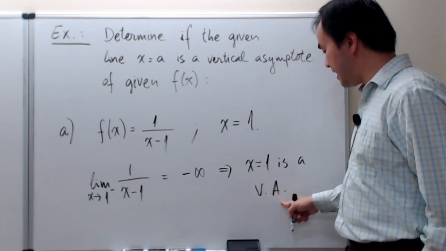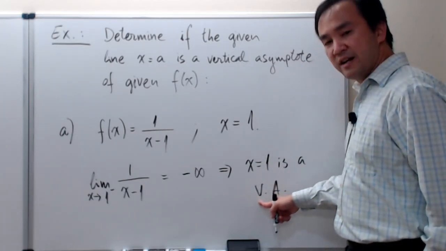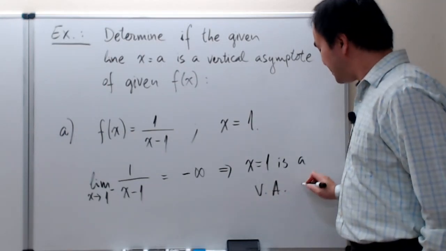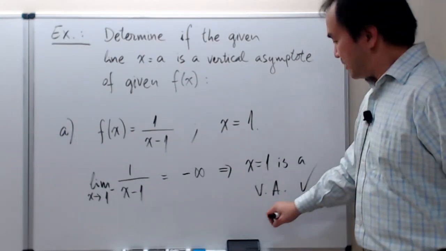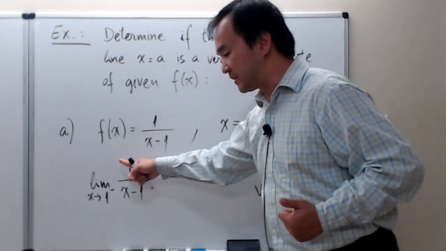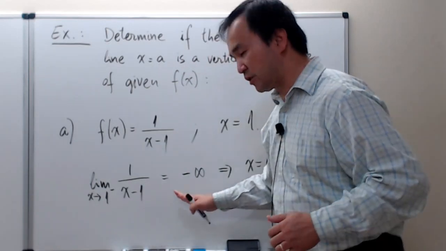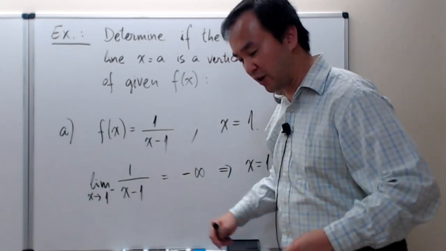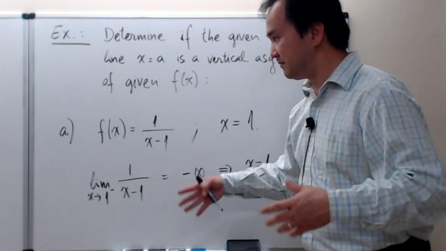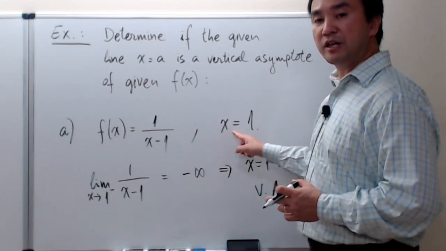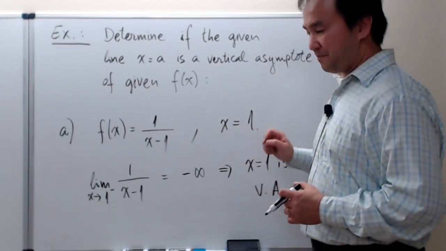VA is usually used as shorthand for vertical asymptote. And that's how we decide. We don't need to work out all of the 6 different limits. As long as one of the limits gives either a positive or negative infinity, we're good to go. We found that one right there, so that's enough to say that we have a vertical asymptote at x equals 1.